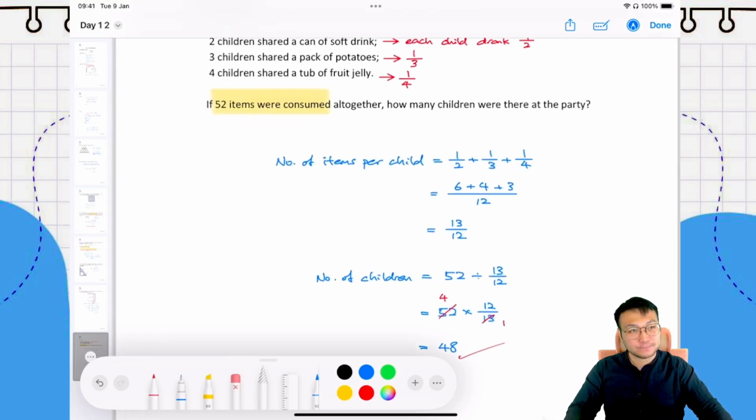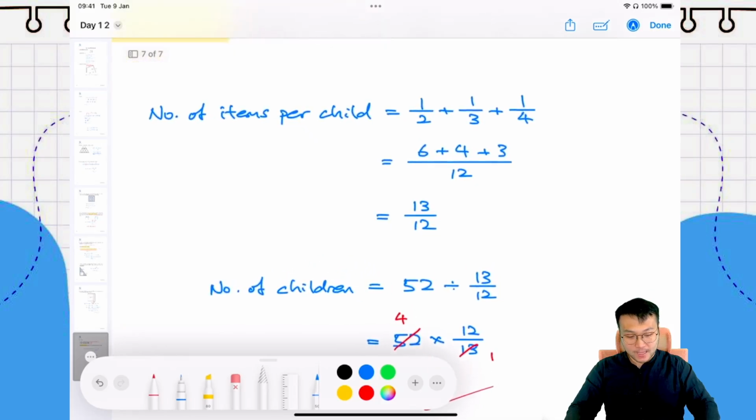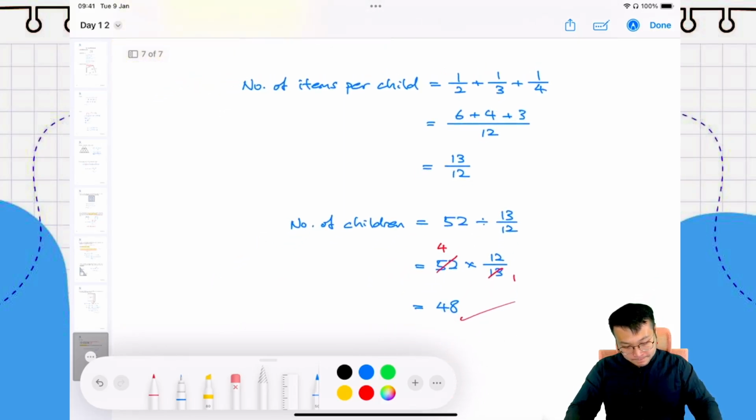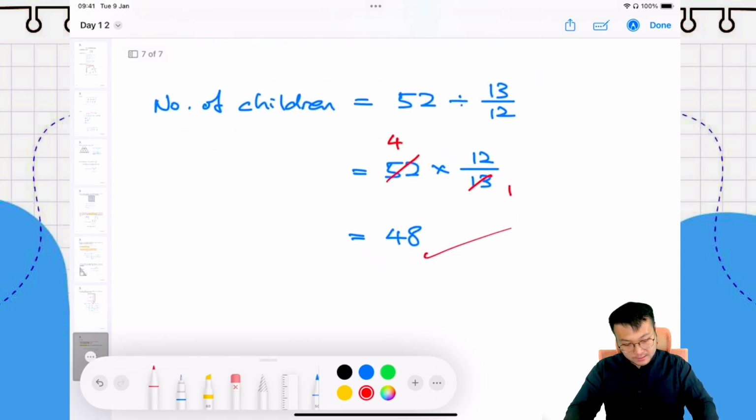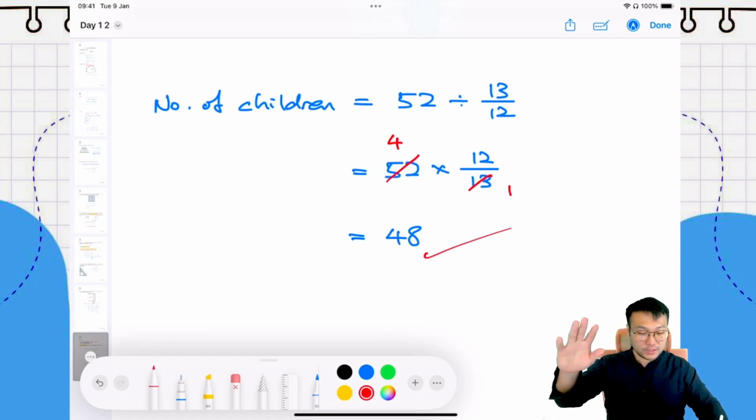Jensen, question? But, Coach, I thought you forgot to simplify the 4 and the 12. Where? The 4, on top of the 52 and the 12. No lah. This is numerator. This is numerator. You must multiply. 4 times 12, 48. Okay. You can only simplify if it is a numerator and a denominator.